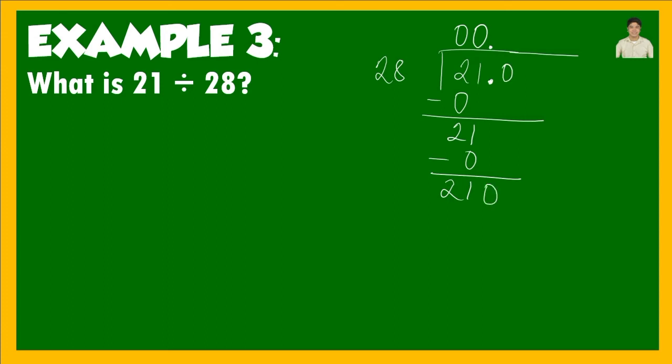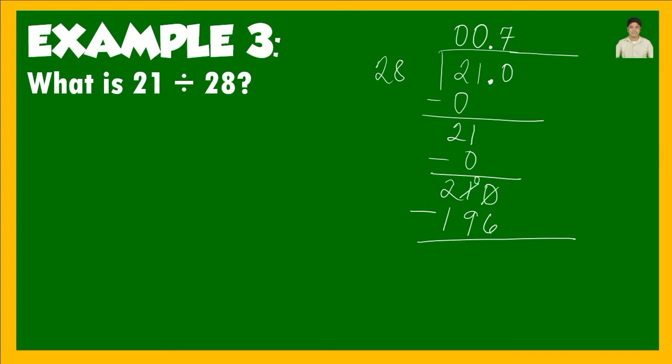210 divided by 28, our answer here is 7. 7 times 28 is 196. 0 minus 6 cannot be. So magbo-borrow ngayon tayo dito. So dito sa 1 magiging 0.